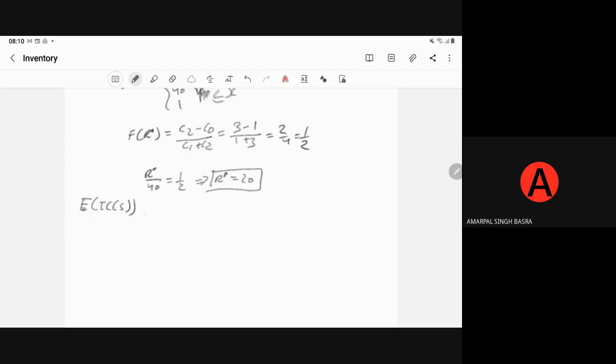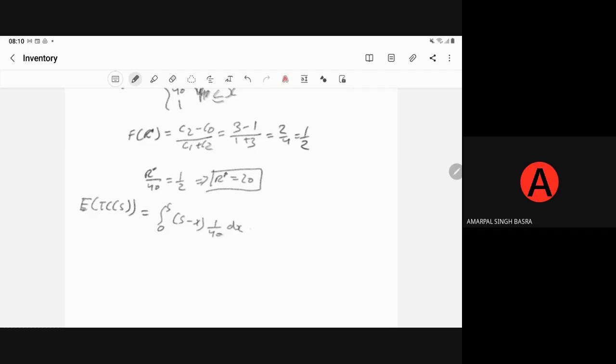We know that there is no setup cost, no purchase cost, only either the holding cost or the shortage cost. The holding cost: we have the item either 0 to 5, so how many items you have to hold? 5 minus x, into f(x), that is 1 upon 40 into dx.